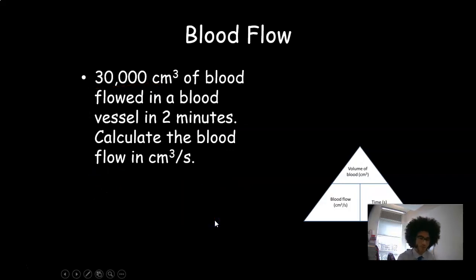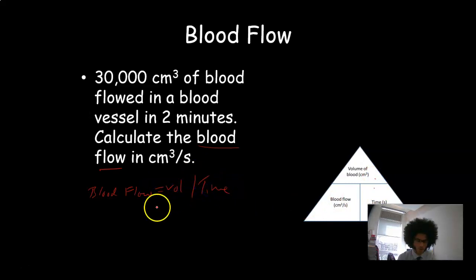Let's try another one. 30,000 centimetre cubed of blood flowed in the blood vessel in 2 minutes. Calculate the blood flow. So again, I need to work out what I'm trying to do. So blood flow, I look at my equation triangle, it's going to be volume divided by time. My volume is 30,000. But time is a bit more complicated. It's 2 minutes, but I need it in seconds. Now we know that 1 minute equals 60 seconds.